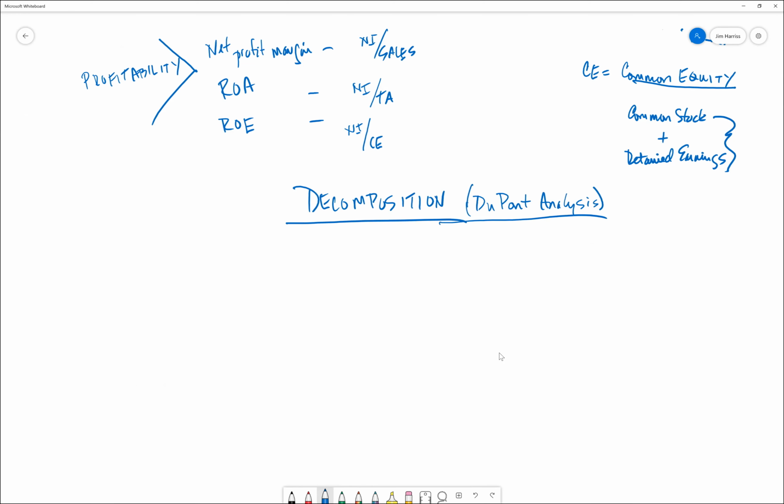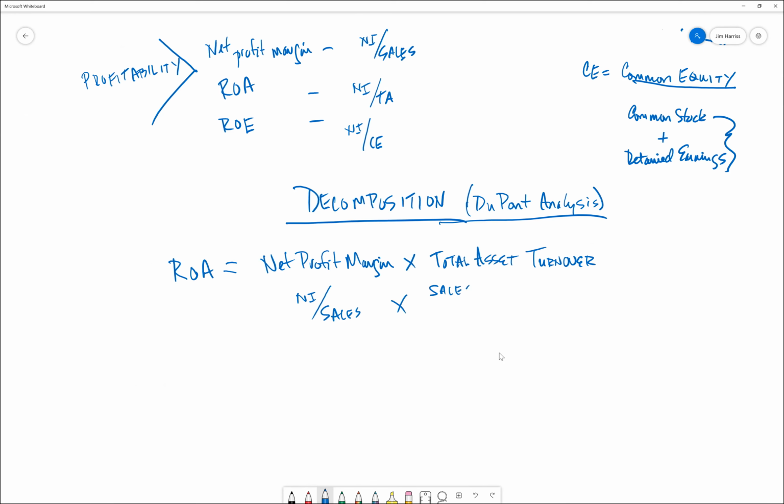All right. So here we go. ROA is basically the cross product between your net profit margin times your total asset turnover. Now that would be net income divided by sales times sales over total assets.